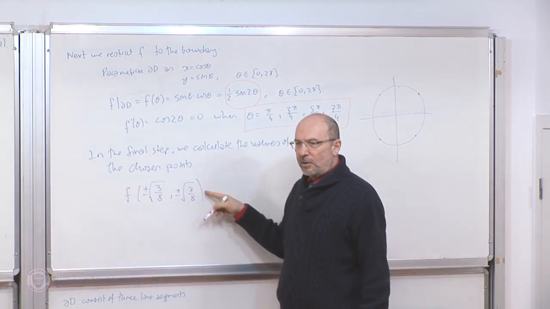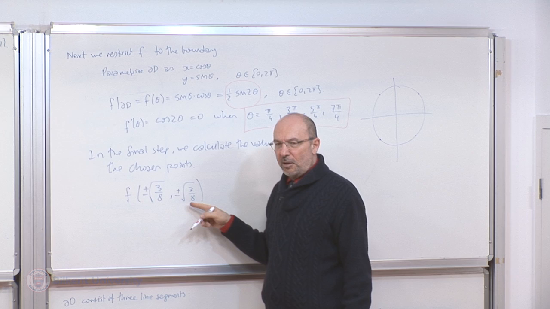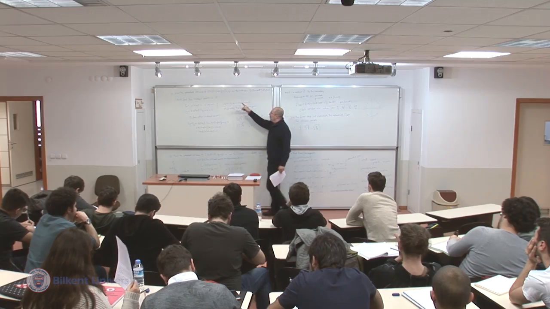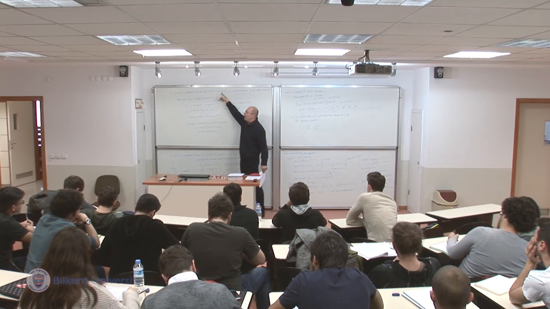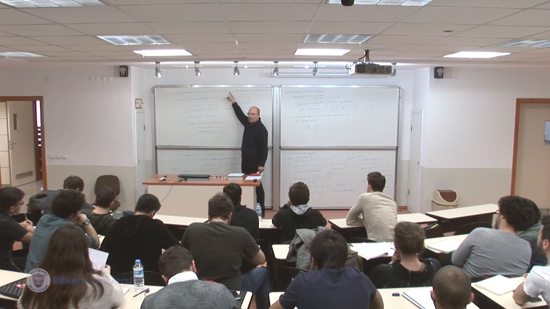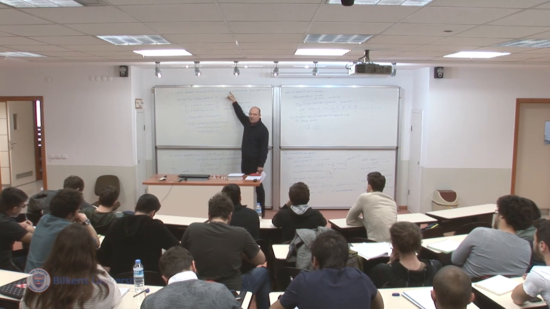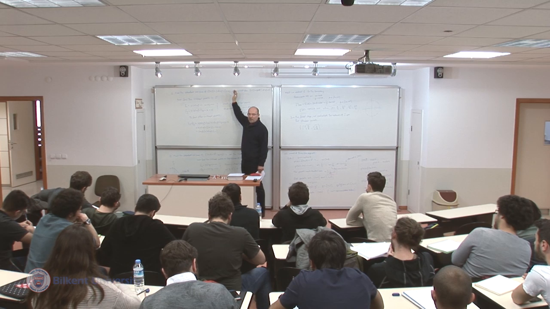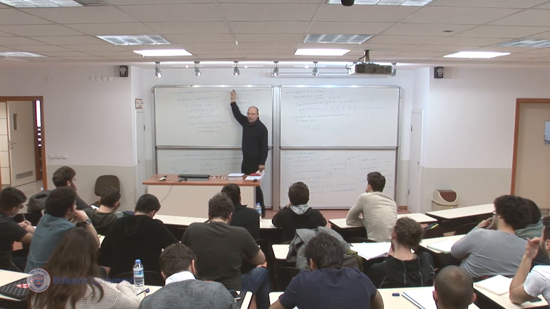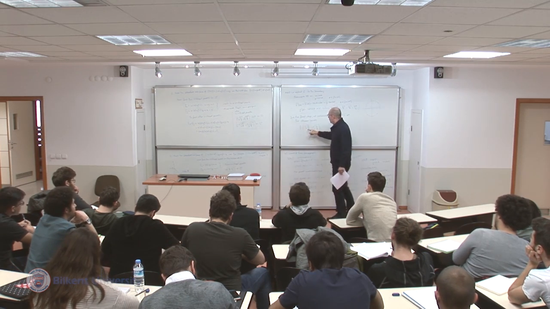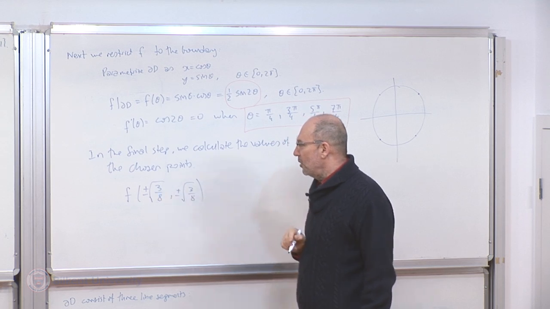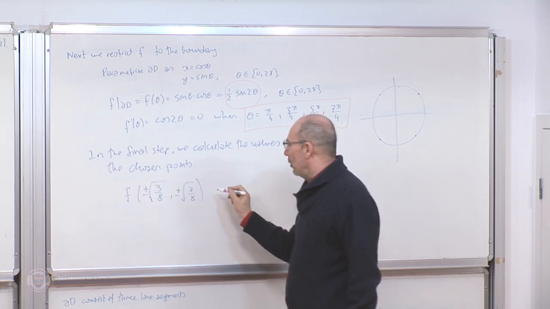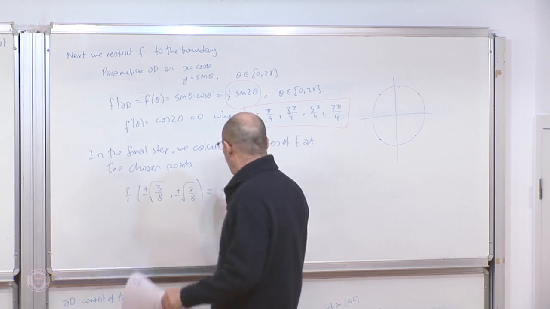Either I choose the plus signs or minus signs will not make any difference because here inside I'm taking squares anyway, and here I'm multiplying them with each other. Since they are going to have the same sign, the product will again be positive, so the value will not change when I change signs here at the same time. So I calculate this, and the number is 7 over 16.